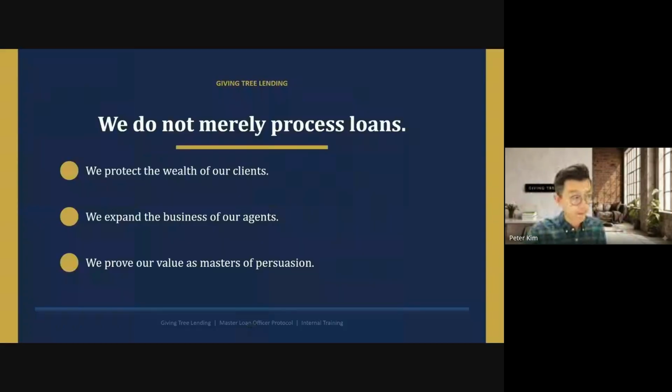So I want all of us to understand how processing works, how loan submission to underwriting works, so that we can protect our clients, expand the relationships, and convert the relationships into opportunities by not negotiating, but persuading the reasons why we are better.